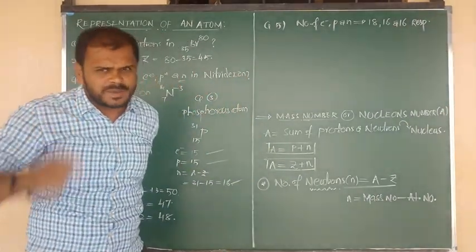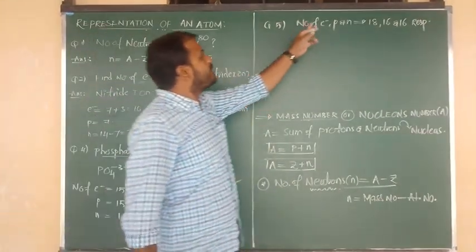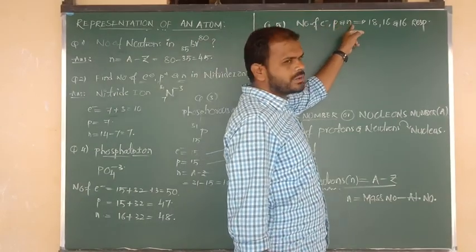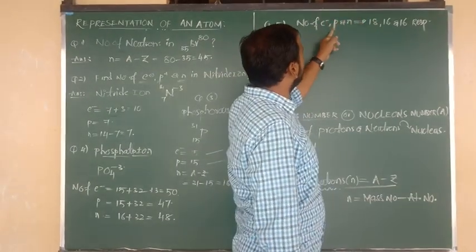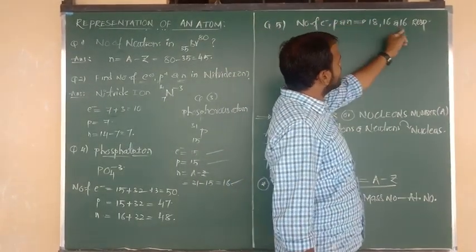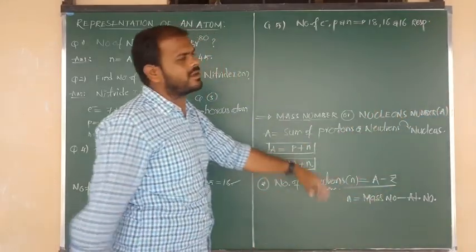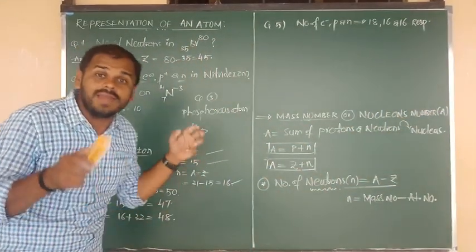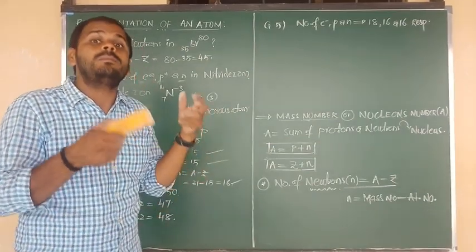So for a particular species, they have given the number of electrons, protons and neutrons. Electrons equal 18, protons equal 16, neutrons equal 16. Then they are asking, what will be the species?